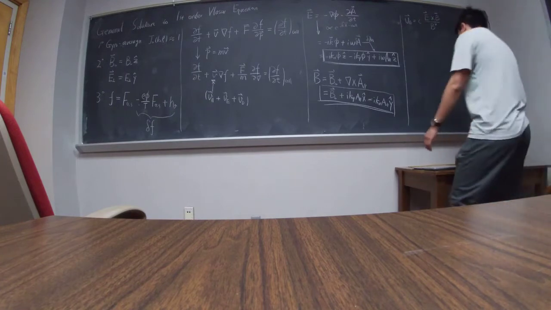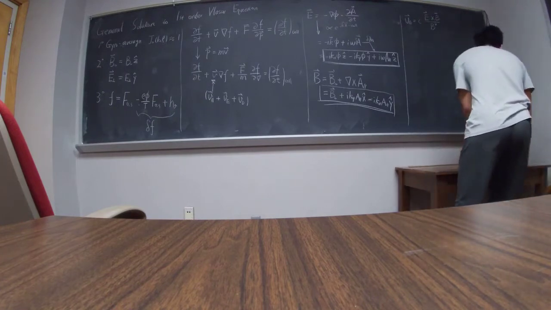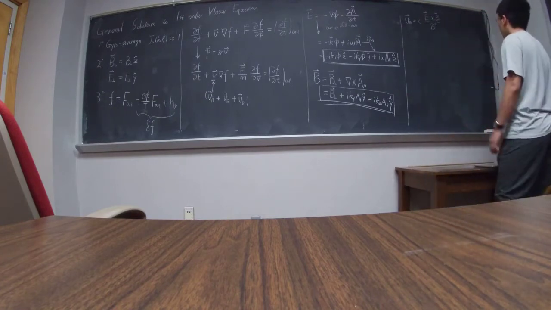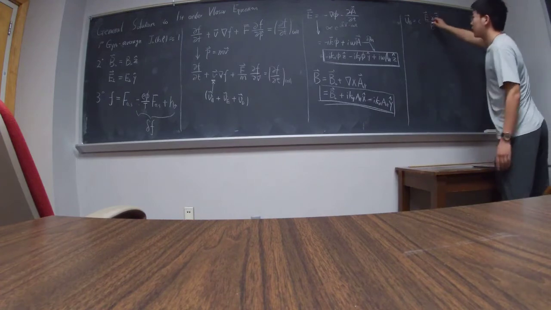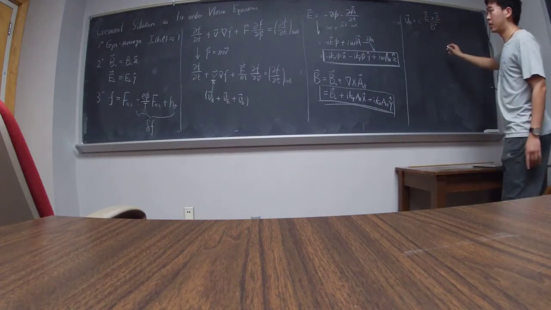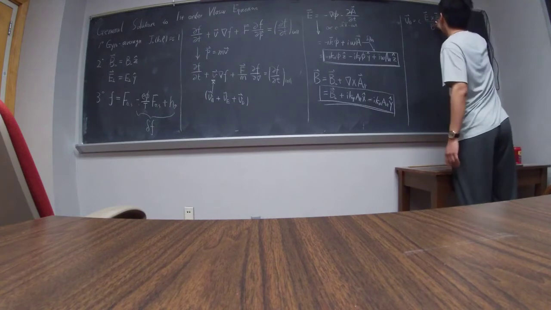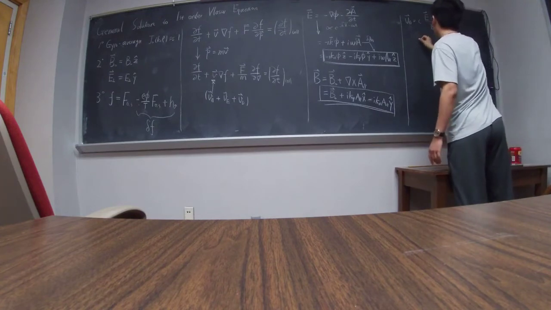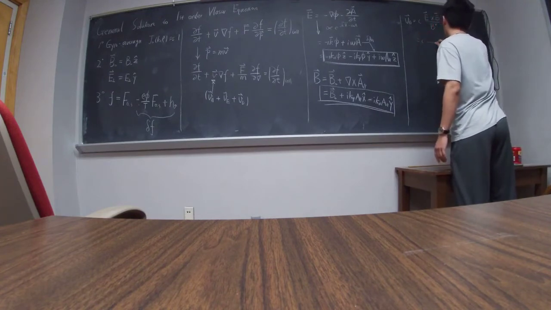As we know, E is first order and B is zeroth order.